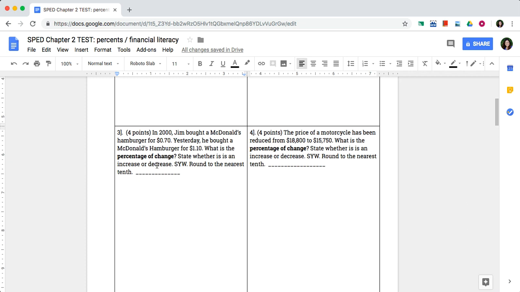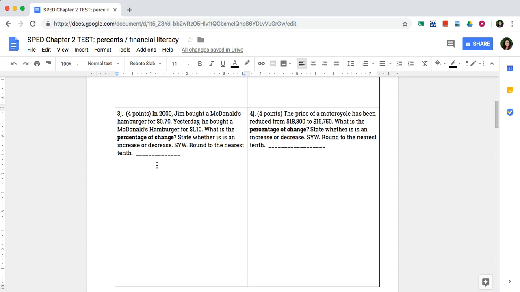All right, number 3. This is going to be a percent of change, and you're going to look for increase or decrease. So go to that part in your note card to find it. In 2000, Jim bought a McDonald's hamburger for 70 cents. Yesterday, he bought a McDonald's hamburger for $1.10. What is the percent of change?